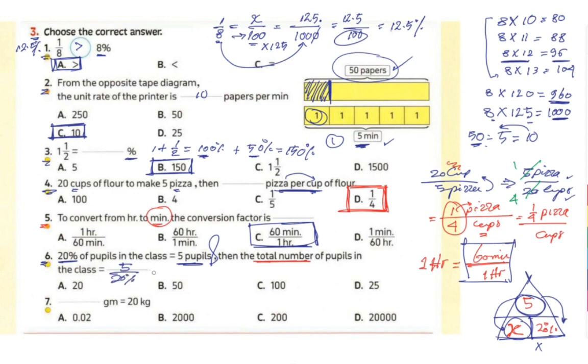I know that 20% is 20 over 100. I can use the reciprocal here. Divide becomes times, and the reciprocal 100 over 20.